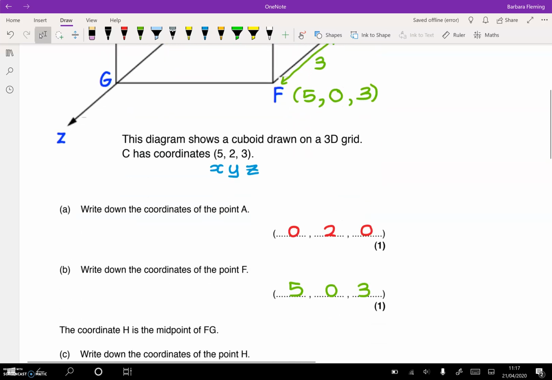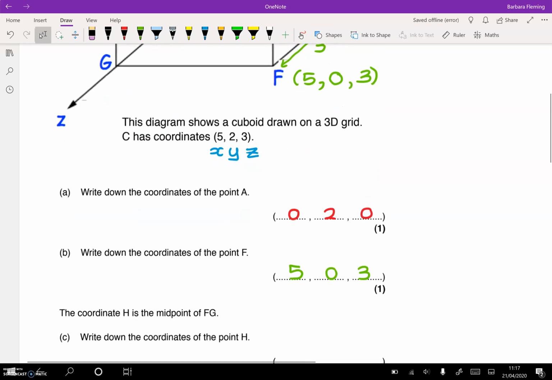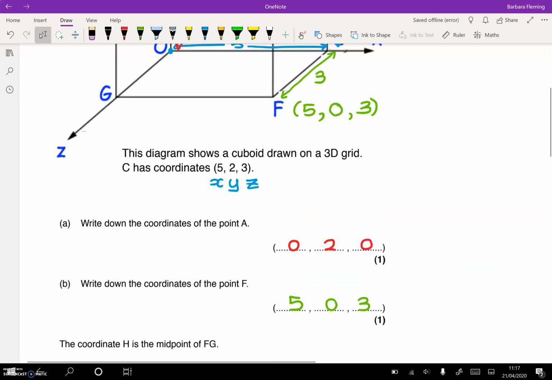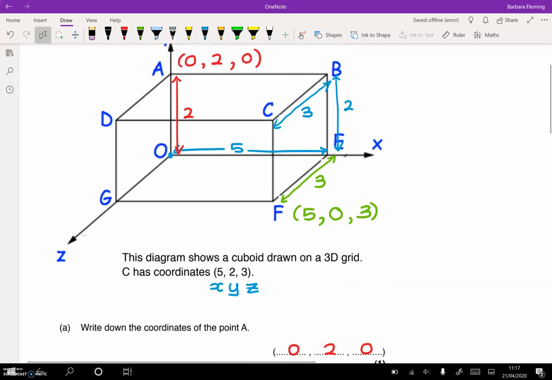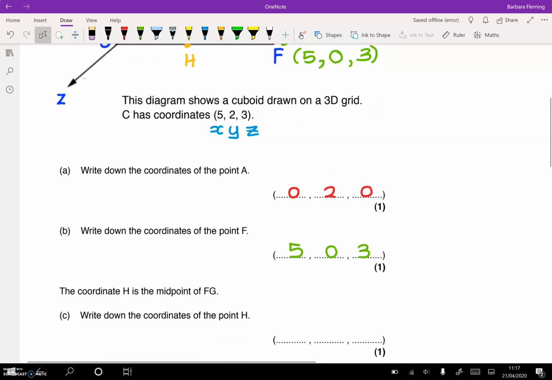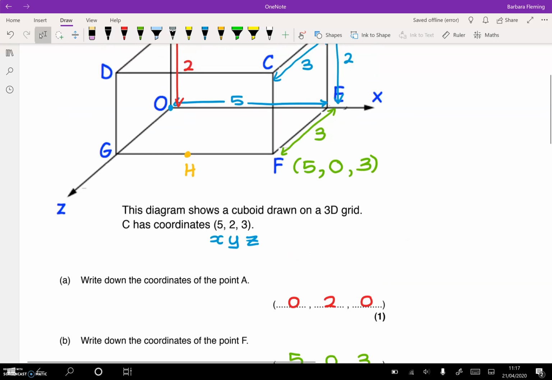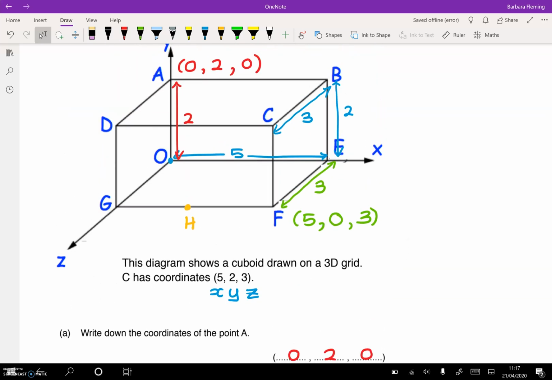Okay, and then our last coordinate that we're looking for. The coordinate H is the midpoint of FG. So let's go find FG here. H is going to be here, the midpoint of FG, and we're going to write down the coordinates of H. Again, start at your origin. How far along our x-axis are we? Well, we're only going to go halfway along our x-axis, so half of 5, we're going to be 2.5 along.